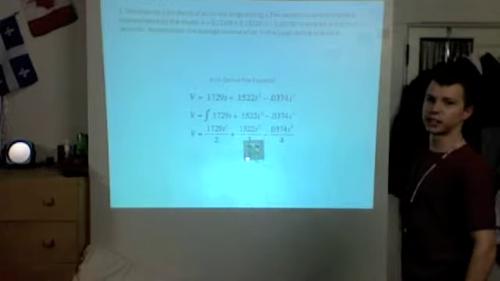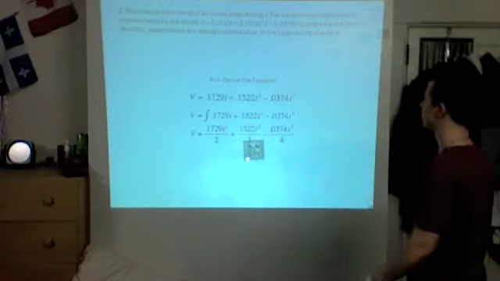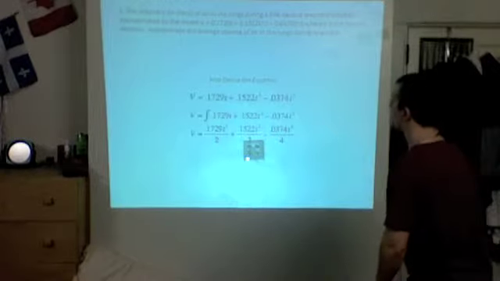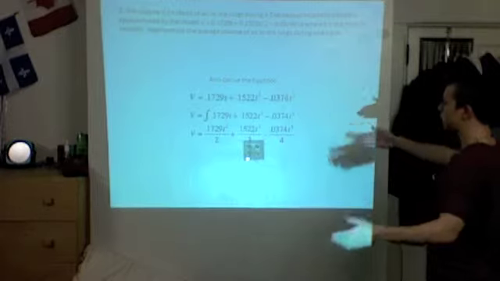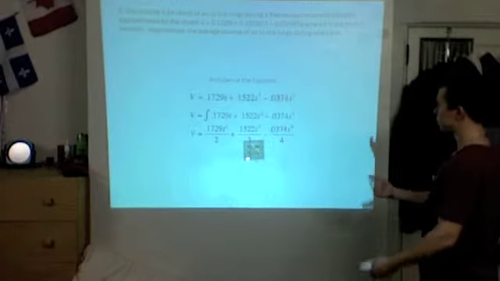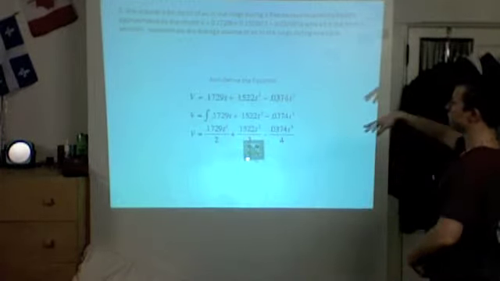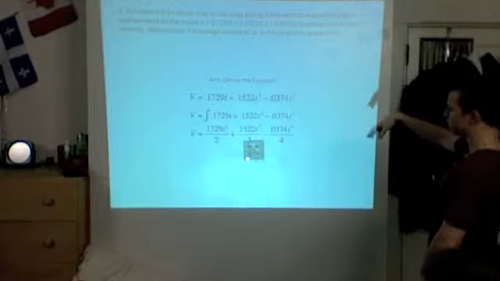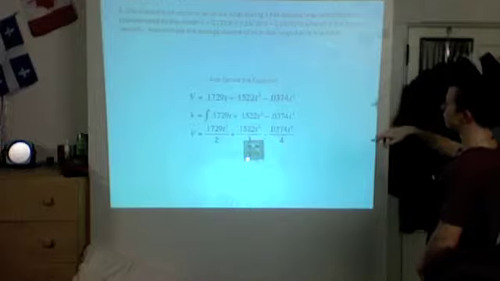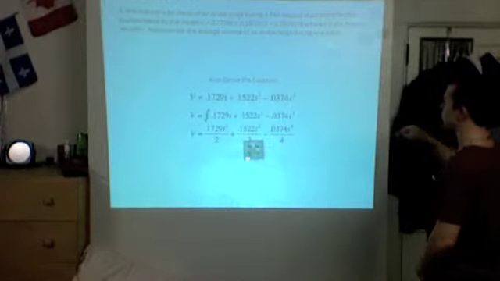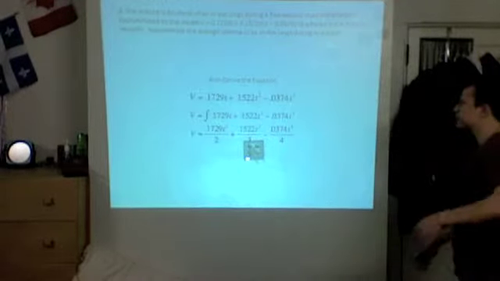First of all, I know you're going to hate this one, but you have to antiderive it, so it sucks. So what you do, you antiderive that: you add one to the exponent and then divide by the new exponent. So you get 0.1729t squared over 2 plus 0.1522t cubed over 3 minus 0.0374t to the 4th over 4.